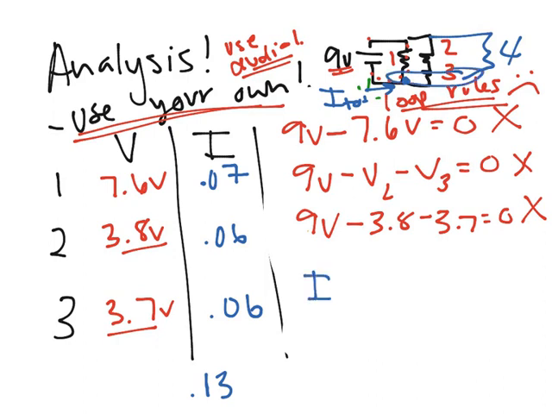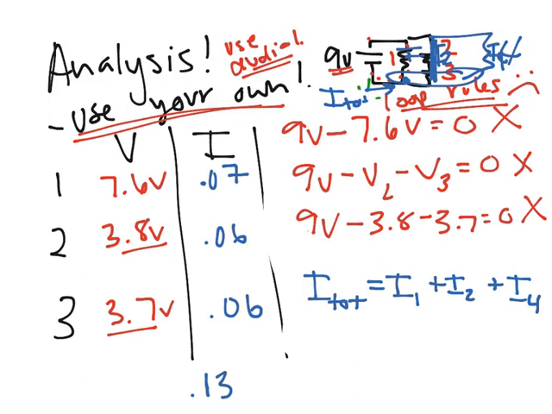So that means your current total is equal to all of your little itty-bitty currents. And remember, this current, however, does stay the same, so don't add it twice. So if you have anything in series, it gets one current. If you have anything in parallel, it gets its own current. You can name these however you see fit.